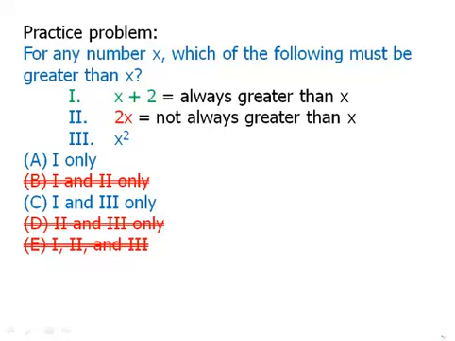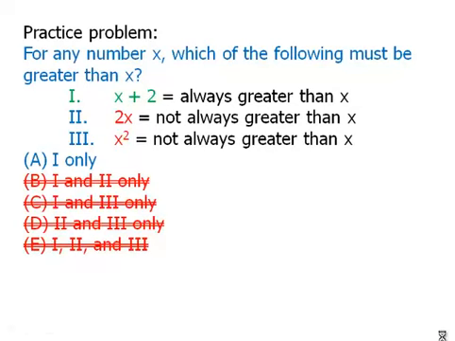If we square 1/2, we get 1/4, and 1/4 is less than 1/2. When we square fractions, they get smaller. And so that means that this final one is not always true, and so we can eliminate the other answers, and just by process of elimination, the only one that works is answer choice A.